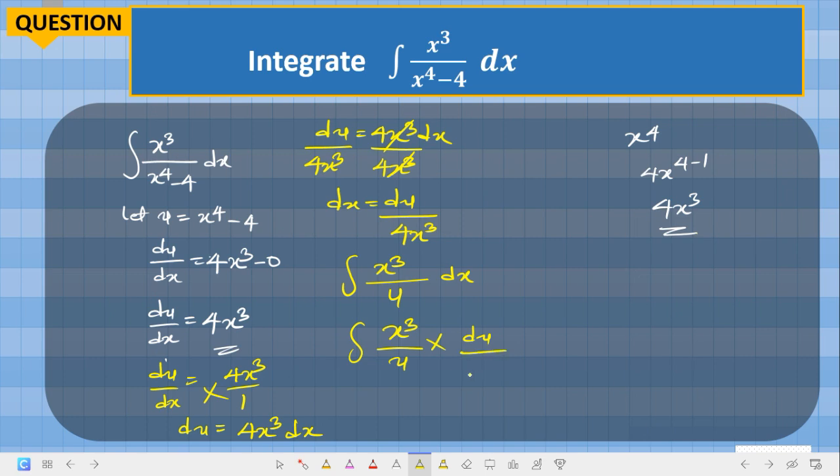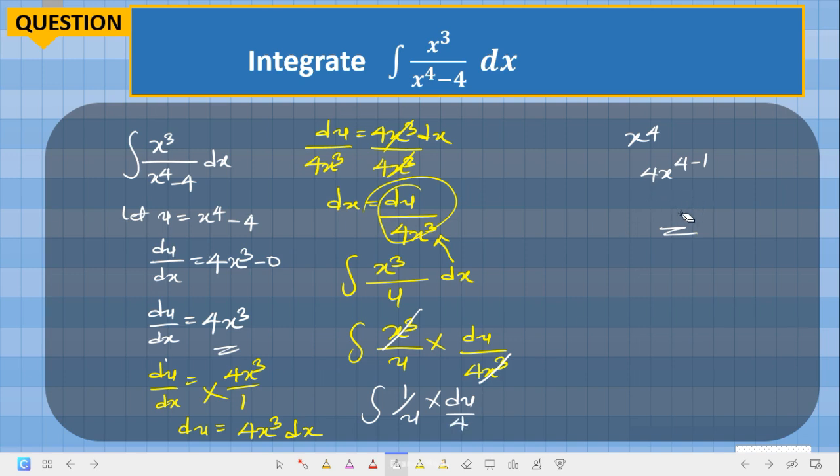Du all over 4s raised to the power of 3. Why? Because we said ds is equal to everything here. So therefore, s raised to the power of 3 can cancel s raised to the power of 3. Okay, so we are left with the integral of 1 over u times du over 4.